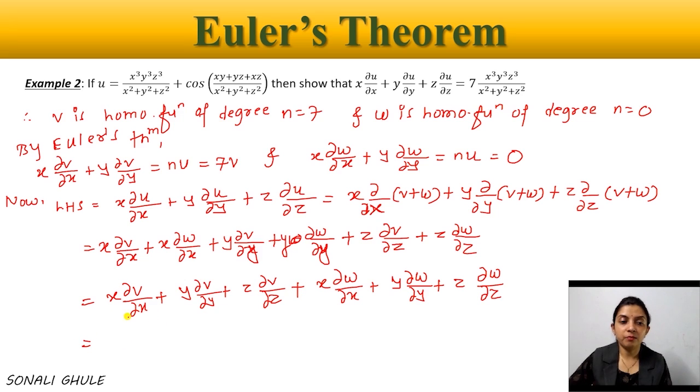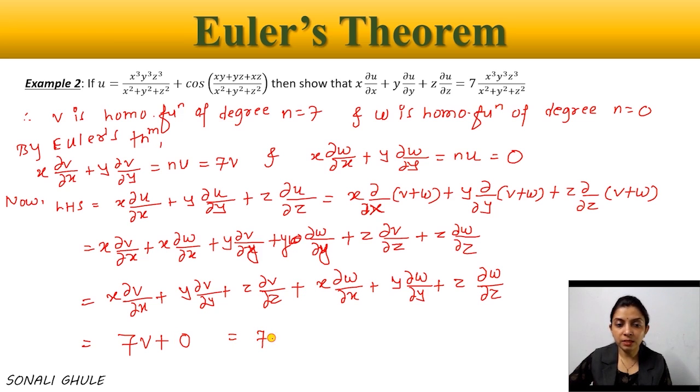Okay, and what is the value for these? x ∂v/∂x plus y ∂v/∂y plus z ∂v/∂z, we have already found here, it is 7v. So I can write this is 7v plus, and what is the value for this? This also we found here. What is it? 0.